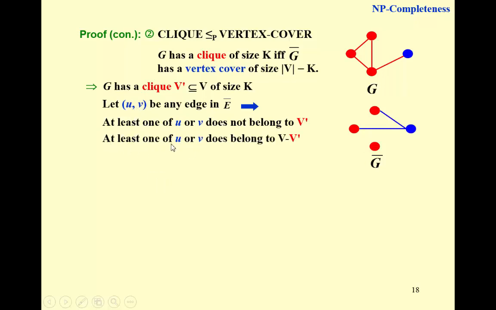So it means that at least one of them does belong to V minus V prime, which is the blue set.